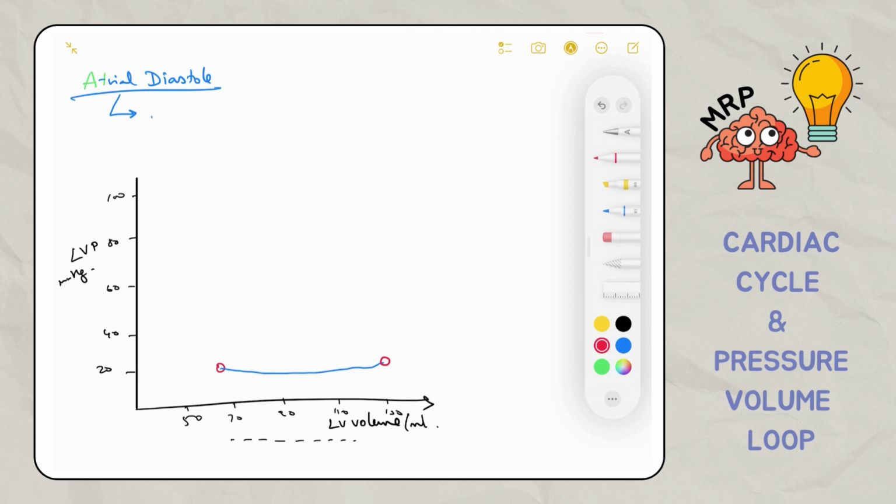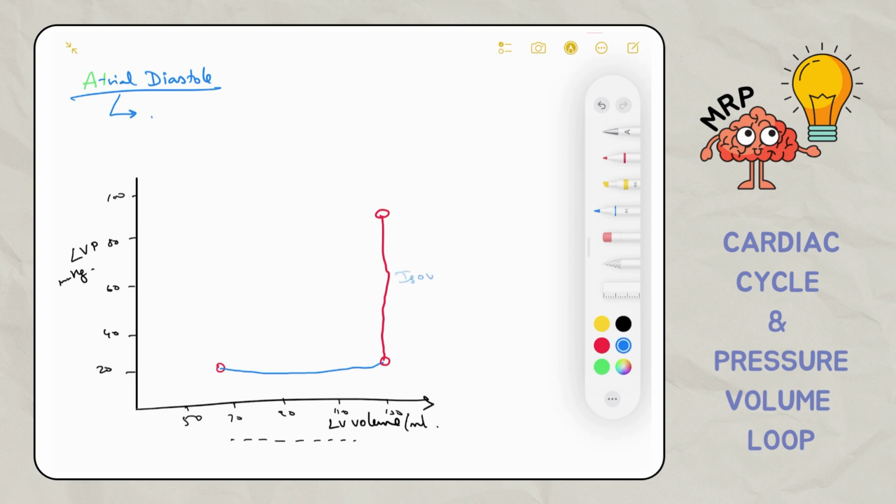So now I want the pressure to increase inside the ventricle so that it can overcome the aortic valve pressure and open up the aorta. Now, without any change in the volume, there is an increase in the pressure. What will happen once the pressure has increased with no change in volume?